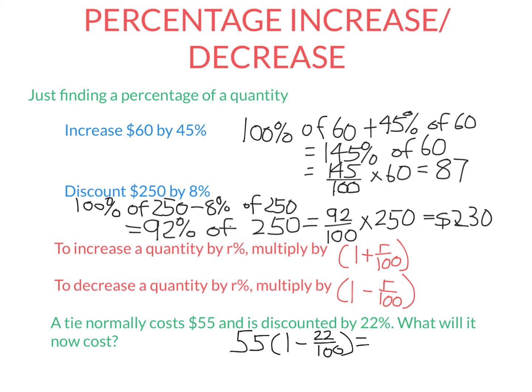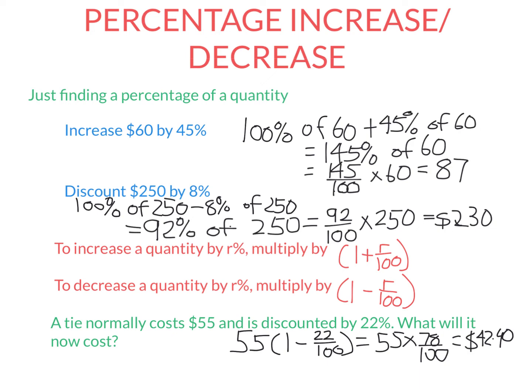So 55 times 1 minus 22 over 100, which is 78 over 100. If we discount the price by 22%, I'm only paying 78% of it. And if we put that in our calculator, we get $42.90. So this way is a bit quicker. Let's try and use this because this will be very important in subsequent years in maths.